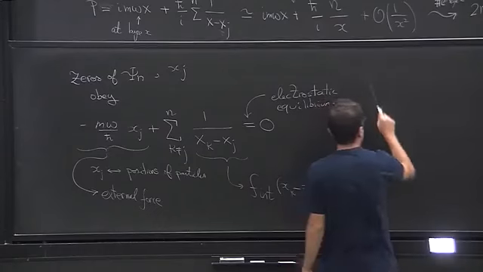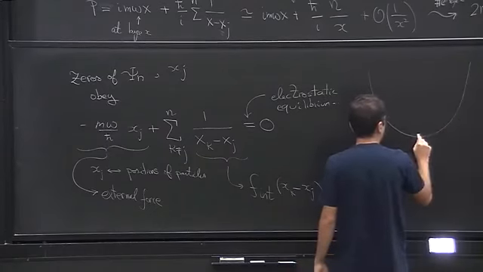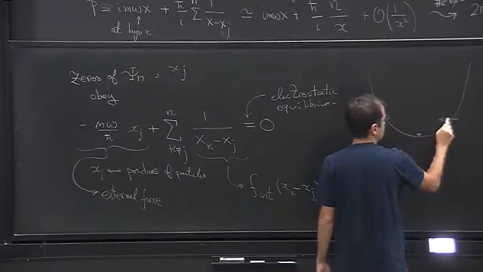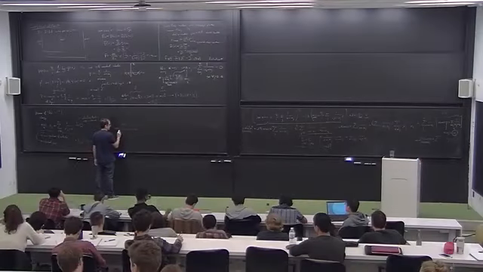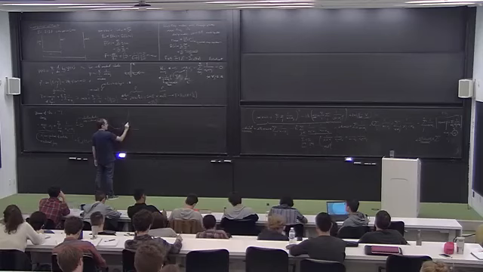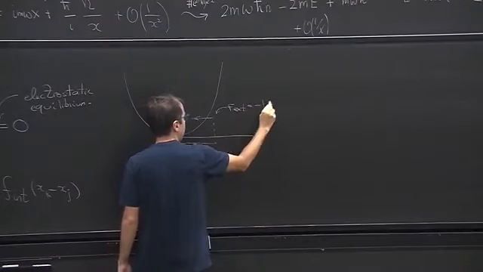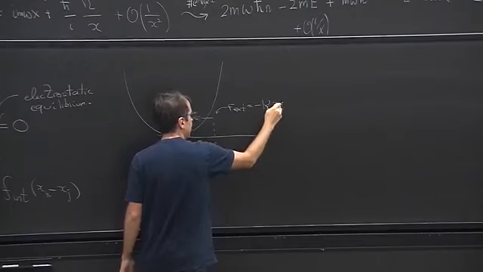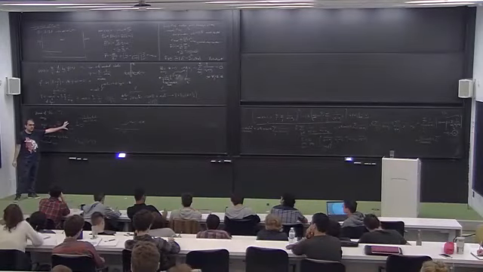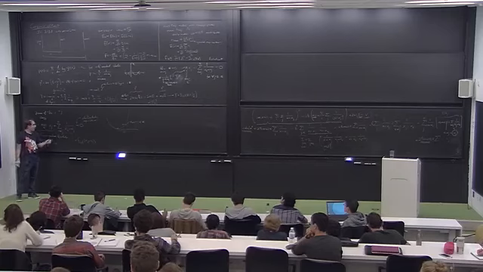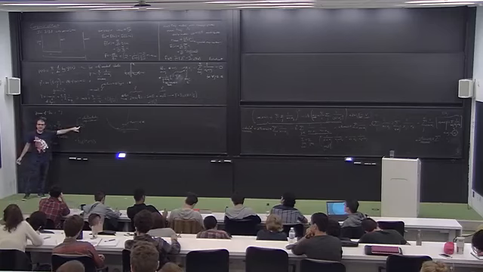This external force, F external, is just minus k times x, where k is this constant here. Right? So if there was no interaction, what would happen? We put a bunch of particles, they all go to the origin. They just have x equals 0.